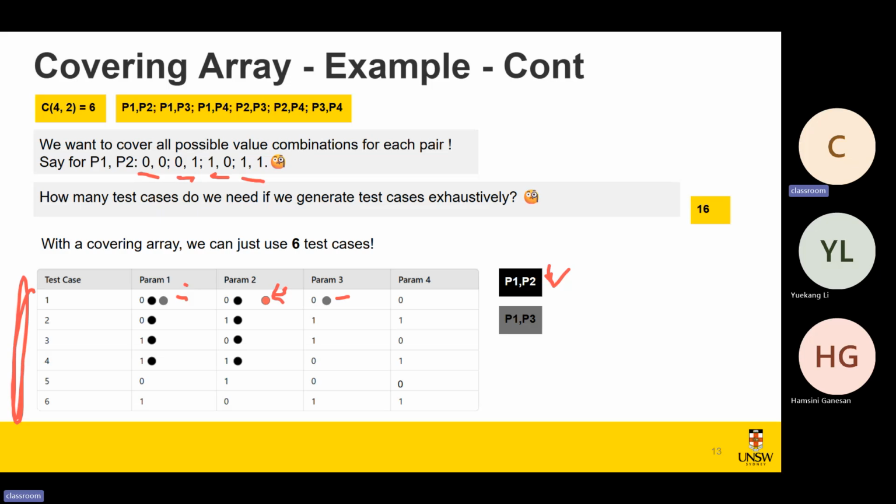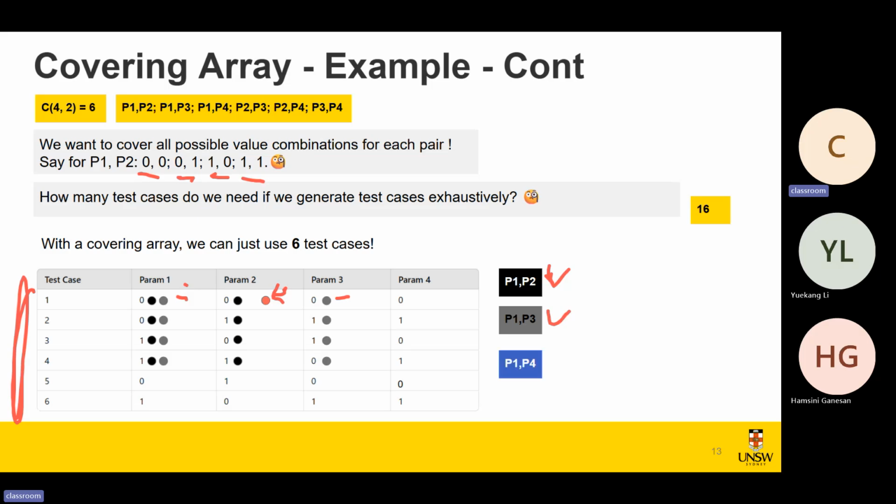And for 0, 1, we can use test case 2 to cover this situation for P1 and P3. And for 1, 0, we can use test case 4, and for 1, 1, we can use test case 3. So now you can see that we can also cover all 4 different combinations for P1 and P3.